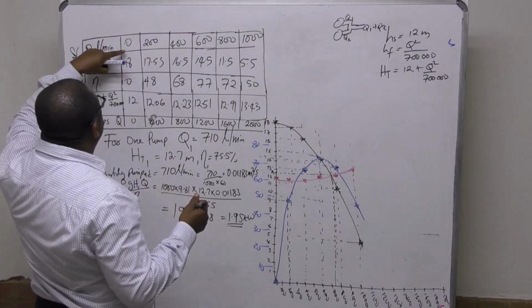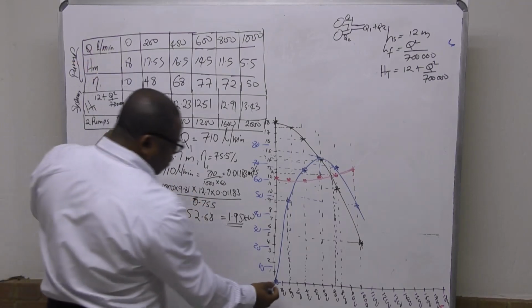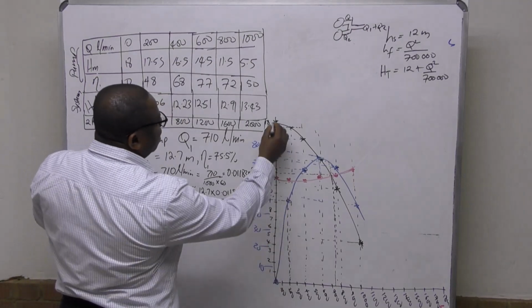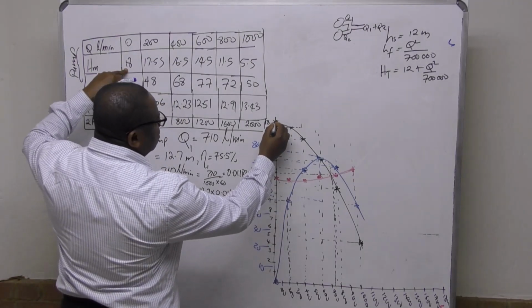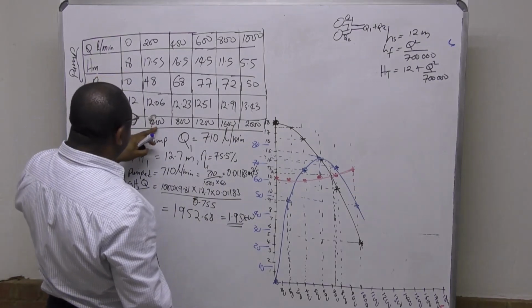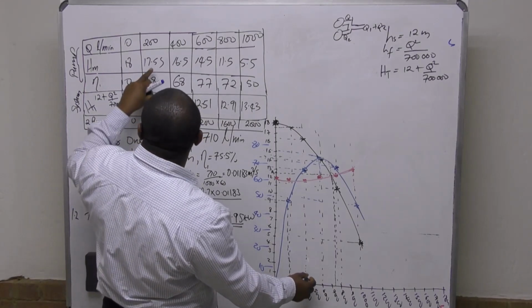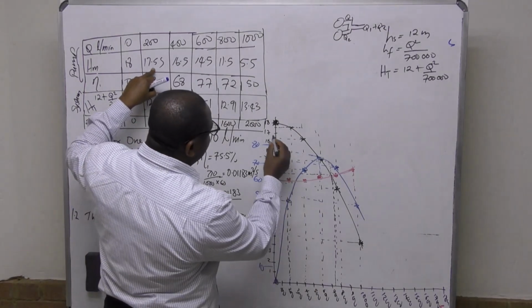Pump 2, you have head against flow. When flow is 0, the head still remains 18. When flow is 400, the head is 17.5.